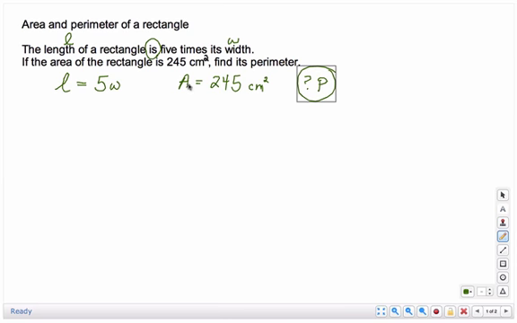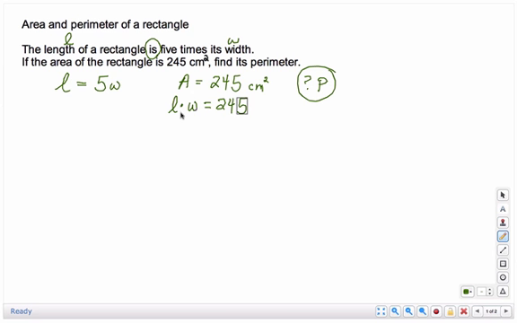Okay, so we can replace the A here with length times width, so that we have the same variables as our other equation here. And we'll just drop the centimeters squared so we don't get that messed up with the variables.